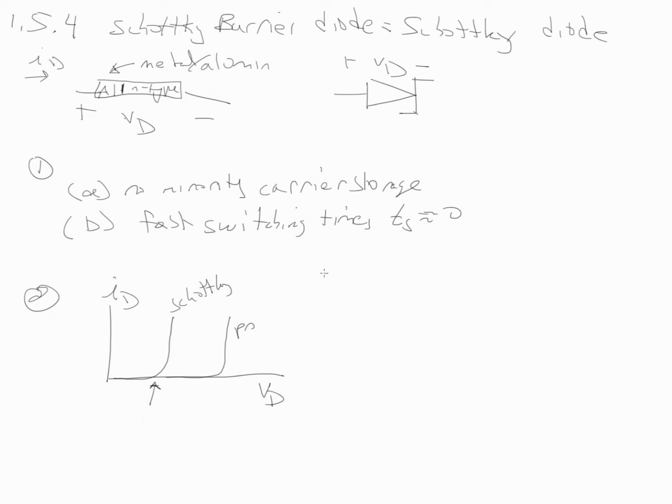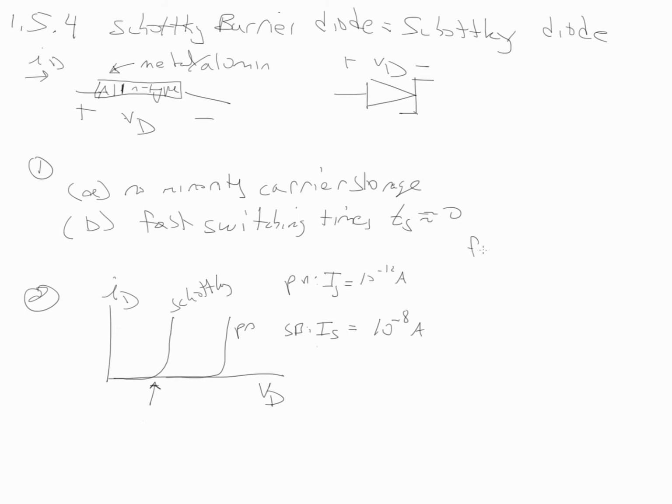And if we look at the reverse bias current for a PN, it's about 10 to the minus 12 amps, whereas for the Schottky barrier one, we'll call this SB, and this one PN, it's lower, minus 8, a larger current.